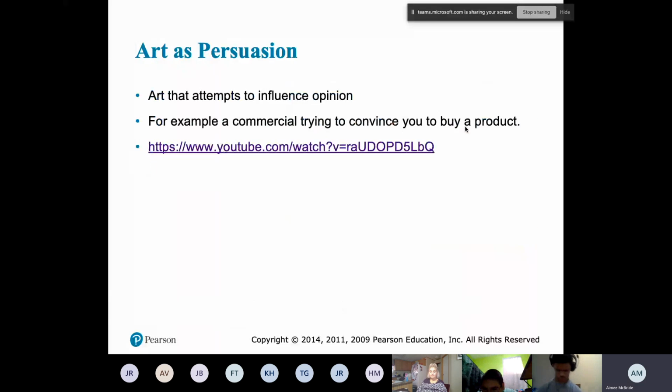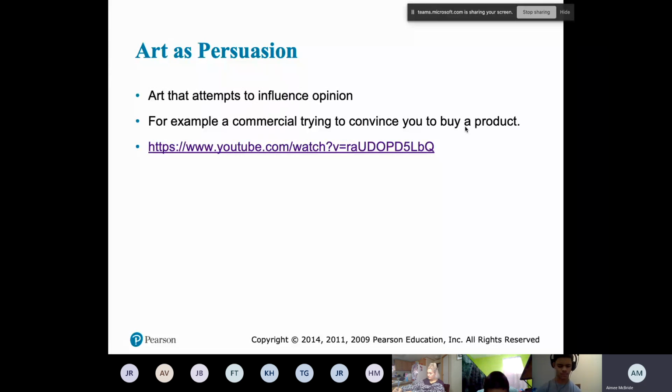Moving on to art as persuasion. Art as persuasion is art that's trying to influence the viewer's opinion or make them think a particular thing. Most commonly, we see art as persuasion today in the forms of advertisements. So commercials, ads on Instagram, Facebook, trying to get us to buy stuff.